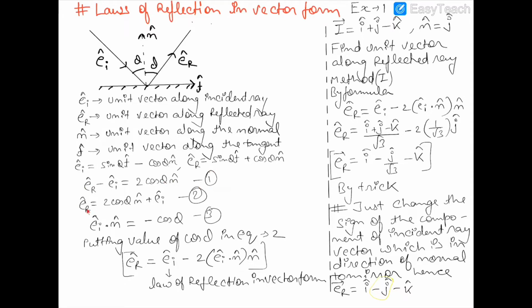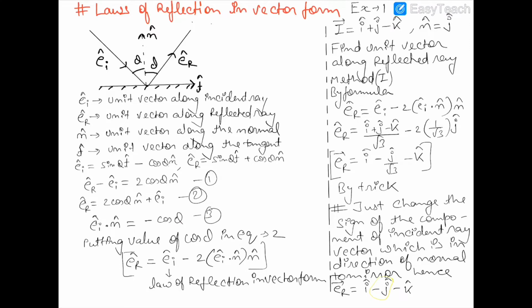Now er cap is equal to 2 cos theta n cap plus ei cap. If I calculate ei cap dot n cap, it is equal to the n cap component of ei, that is minus cos theta. This is the third equation.